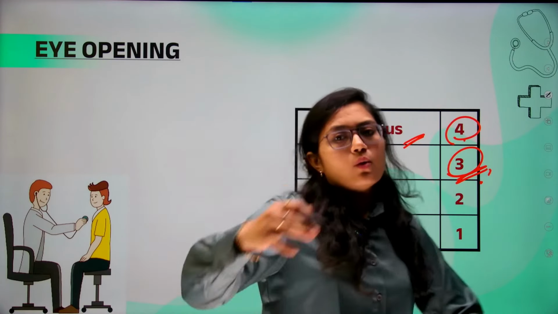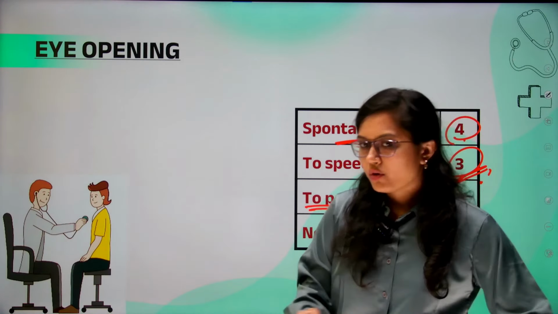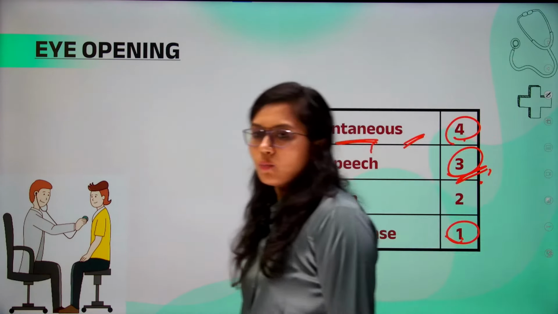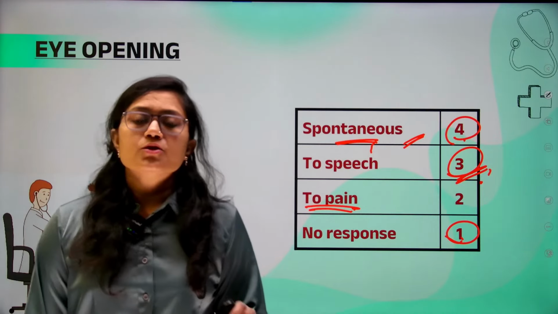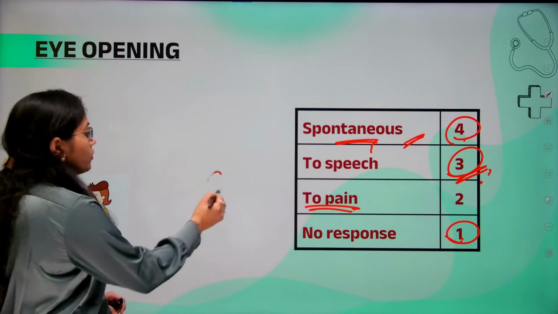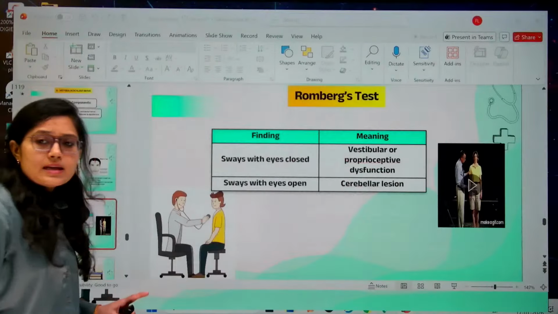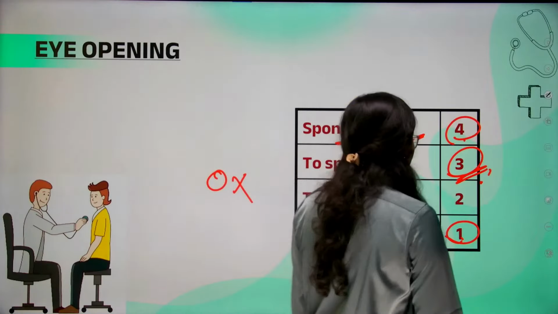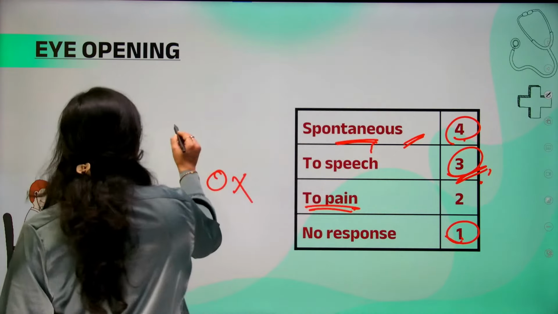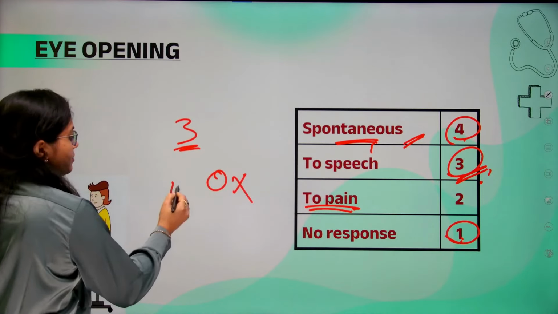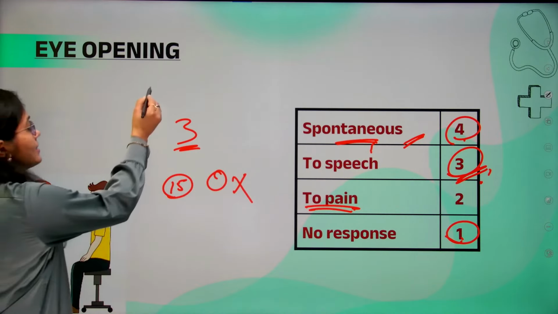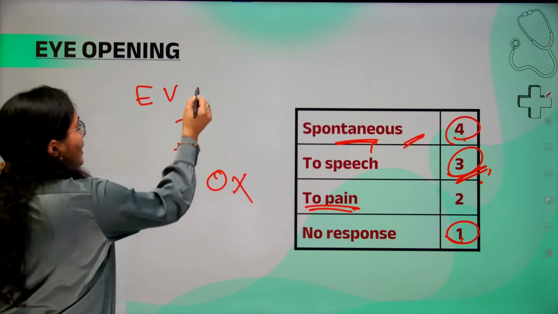And though I am doing all these things, if the patient still is not responding, that will be considered grade 1. Always remember, GCS cannot be 0. The GCS minimum score is 3 and the maximum score is 15, because GCS is always written as EVM.